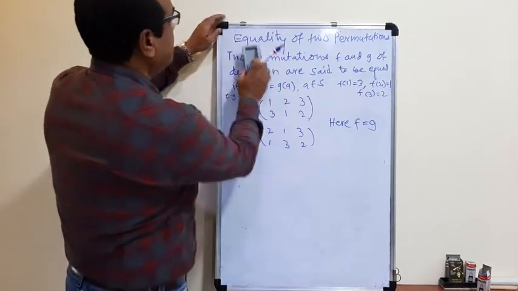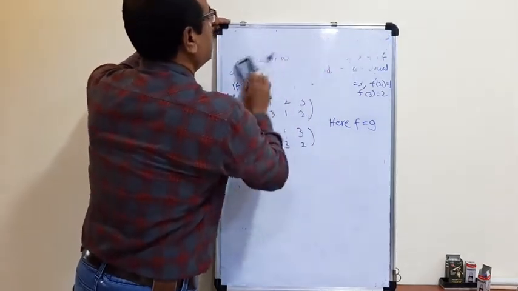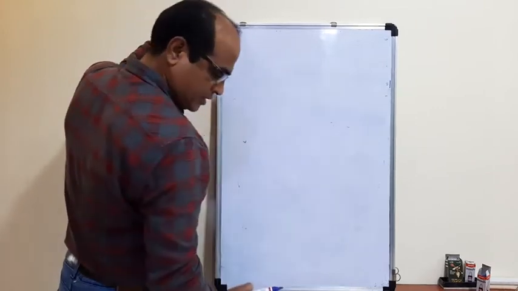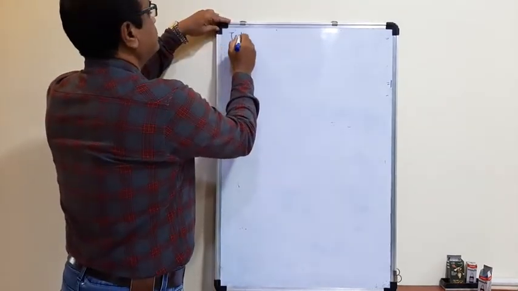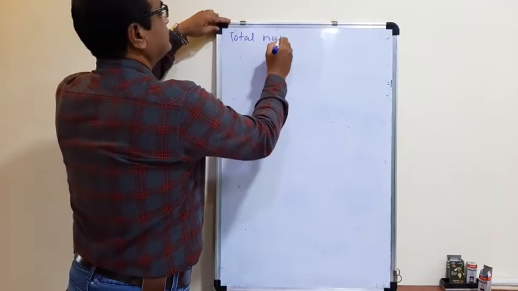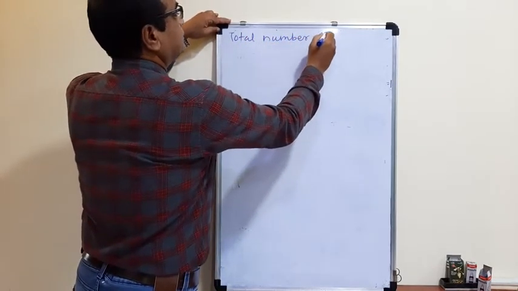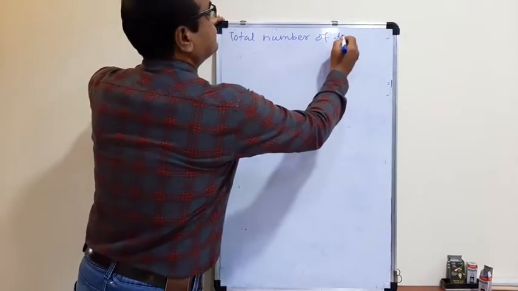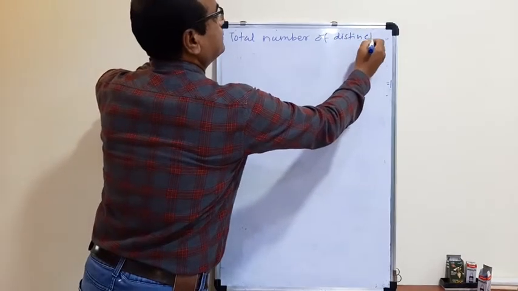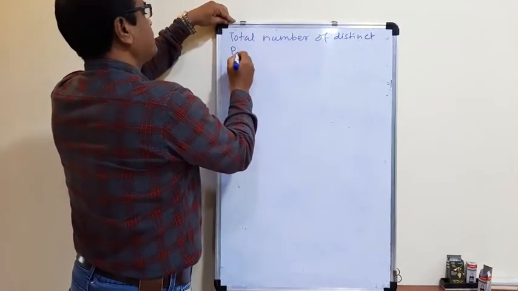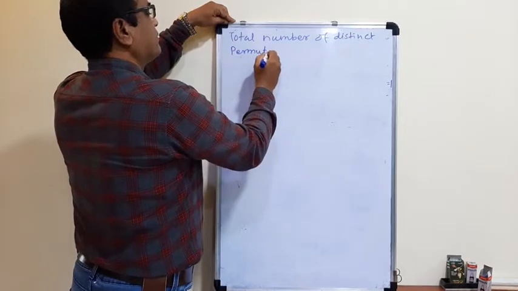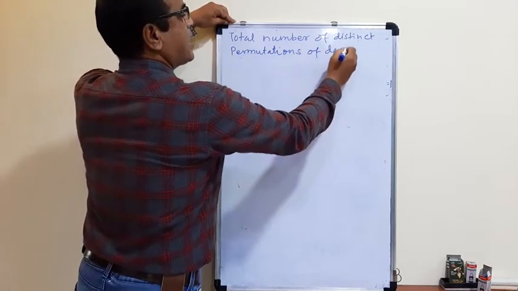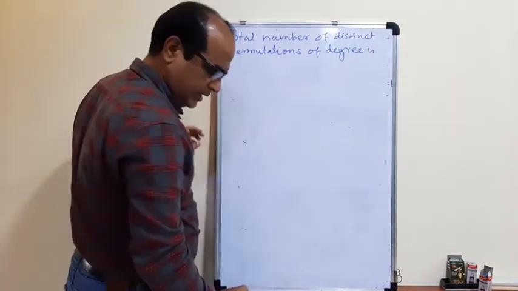Okay. Then the total number of distinct permutations of degree n. What is the total number of distinct permutations of degree n?